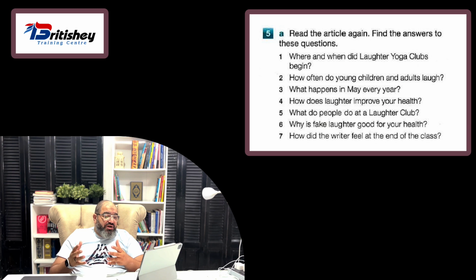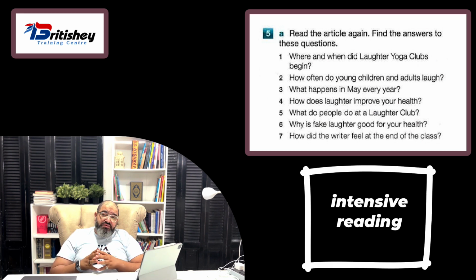How often do young children and adults laugh? What happens in May every year? How does laughter improve your health? What do people do at a laughter club? Why is fake laughter good for your health? So this is kind of intensive reading.